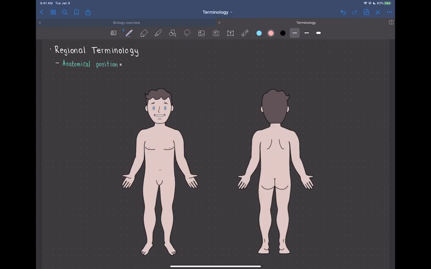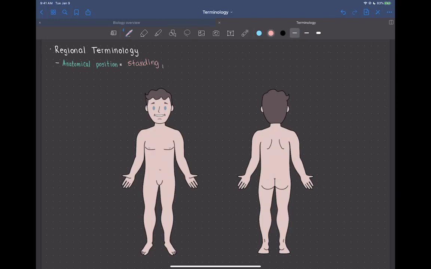But first, before we talk about these terms, let's go over anatomical position. Anatomical position is key to talking about different parts of the body in anatomy and physiology. And so we always assume that when we're referring to a part of the body, that person is standing in an anatomical position. So that means that they are indeed standing, erect.